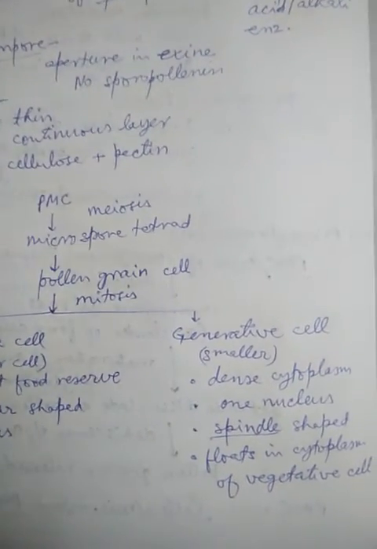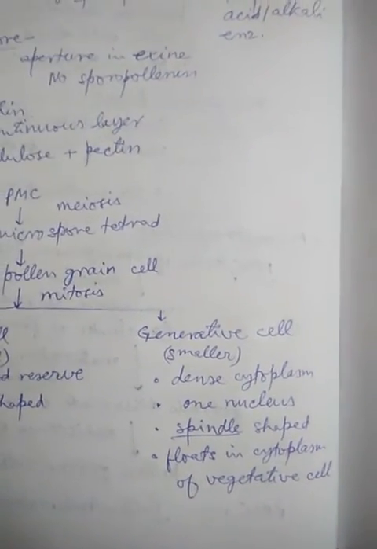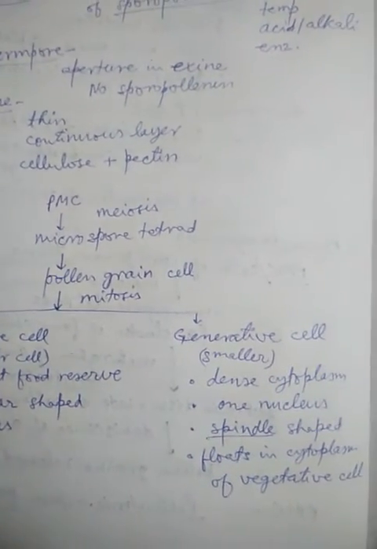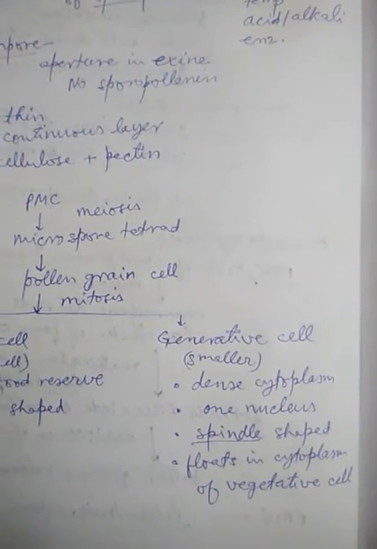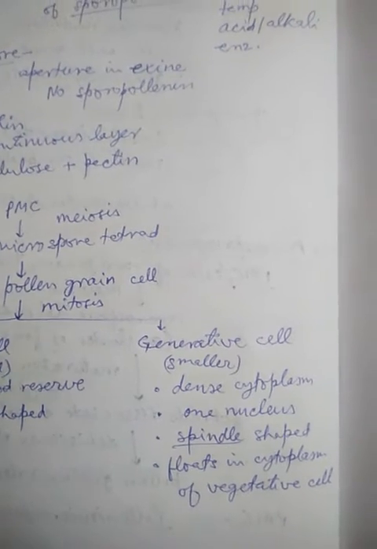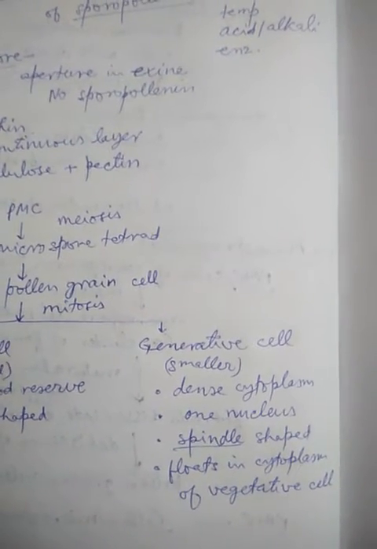Whereas the generative cell has again one nucleus just like the vegetative cell, but this cell will be much smaller in size, and the cytoplasm will be very dense. The shape of this generative cell is spindle shaped.